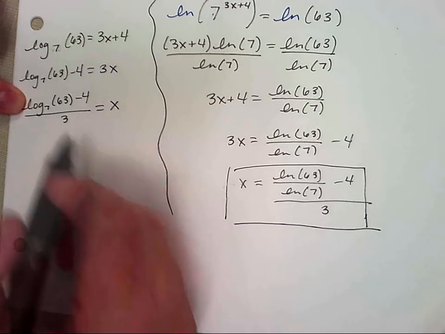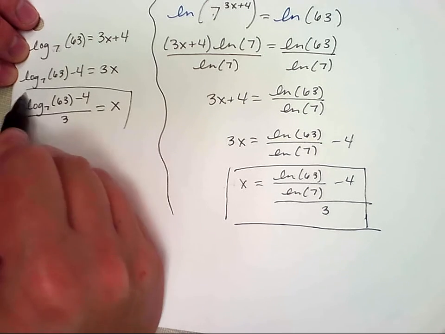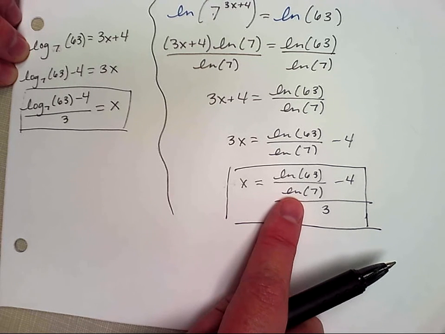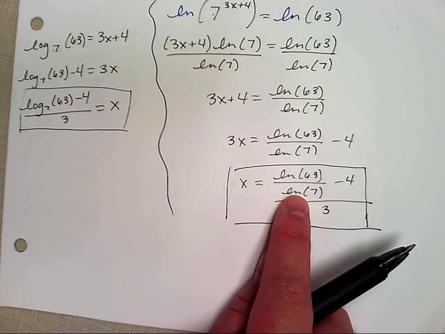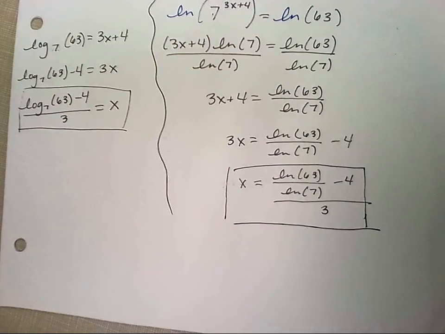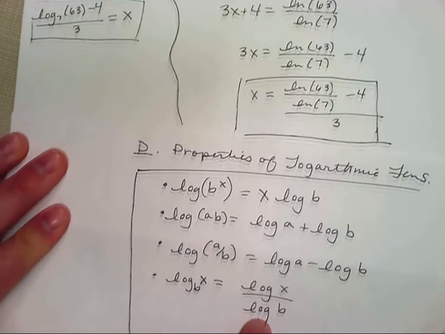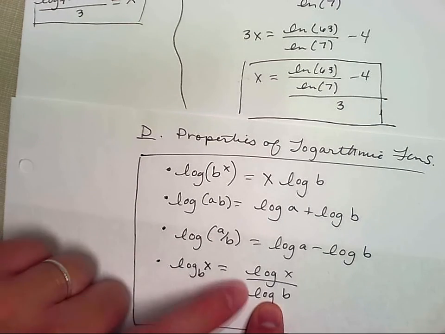Am I making the same mistake I made last time, saying that you could turn the expression ln 63 over ln of 7 into ln of 63 minus 7? Yes, I'm making the same mistake. If you look at the rules, this is the change of base. This is what we have here, right?